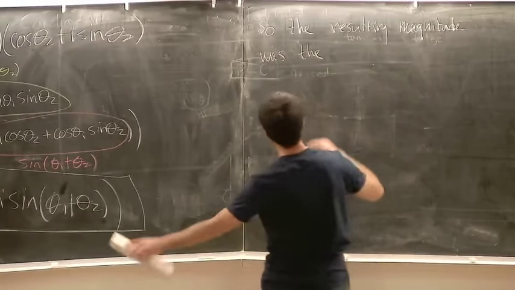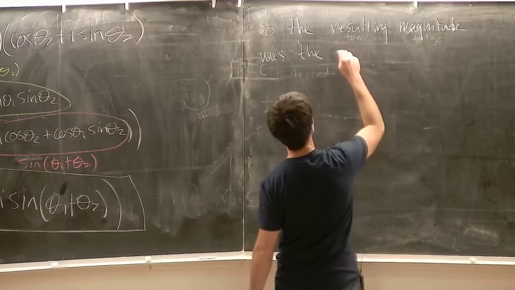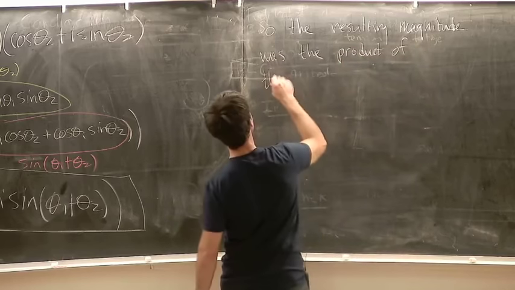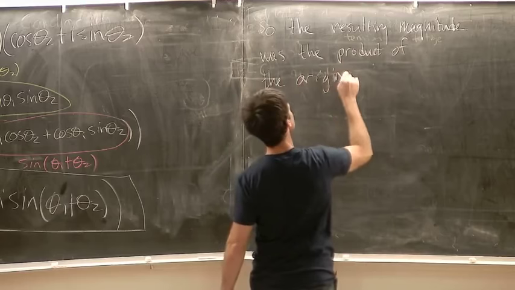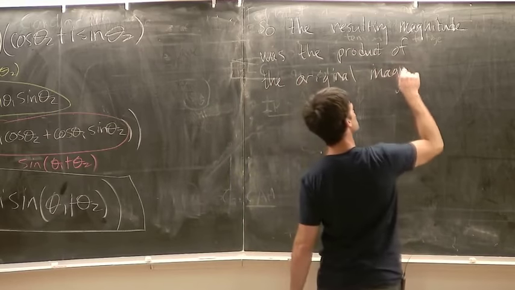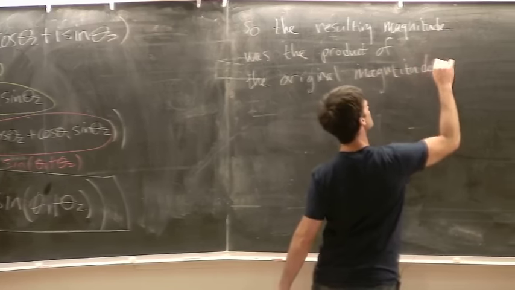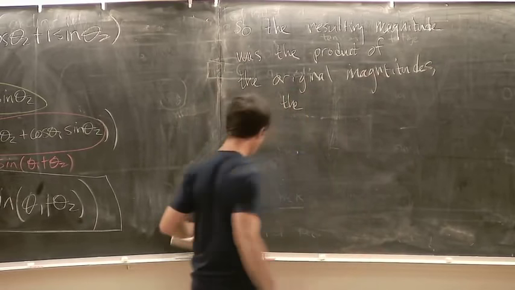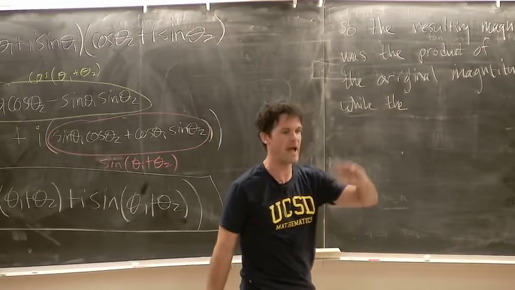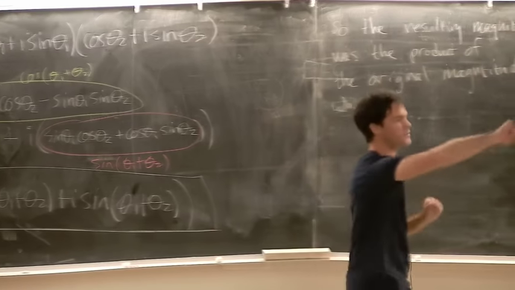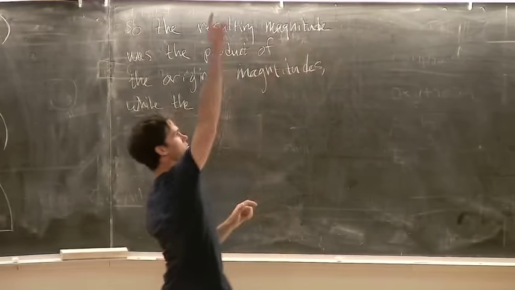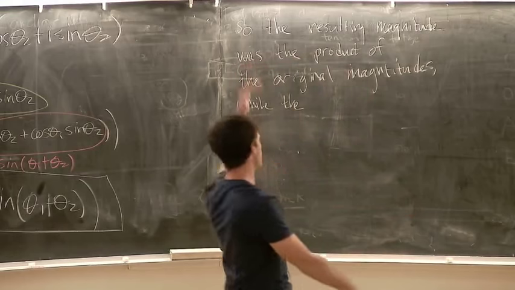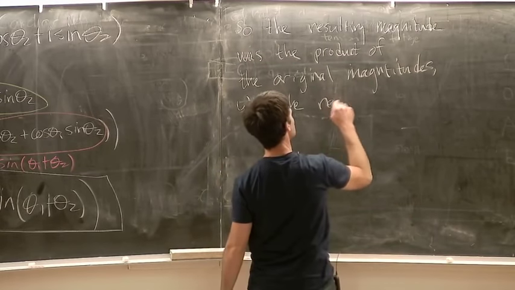The resulting magnitude was the product of the original two. Well, the angles were added together. So it's like it scaled up the length and then rotated the angles, or just added together the angles.